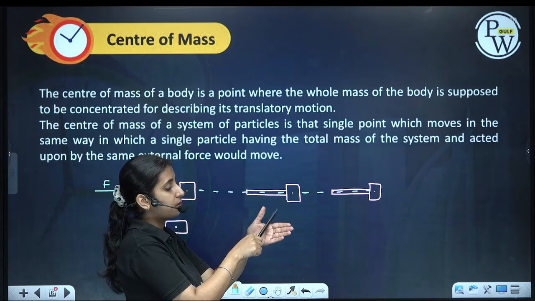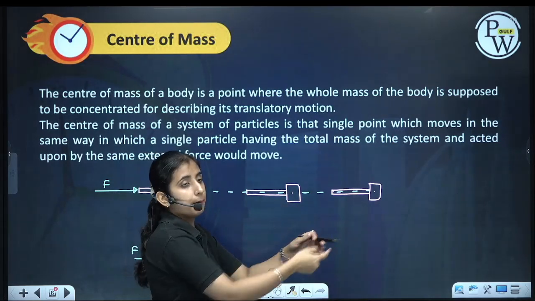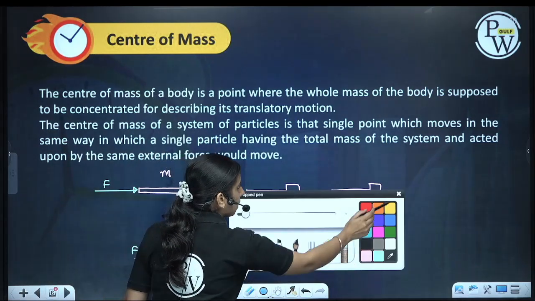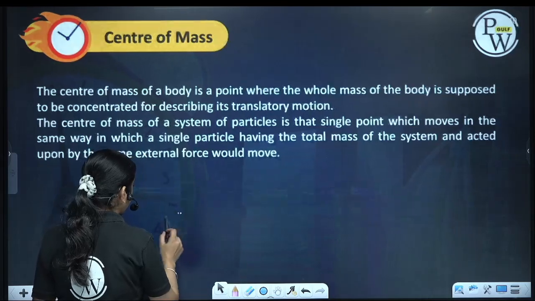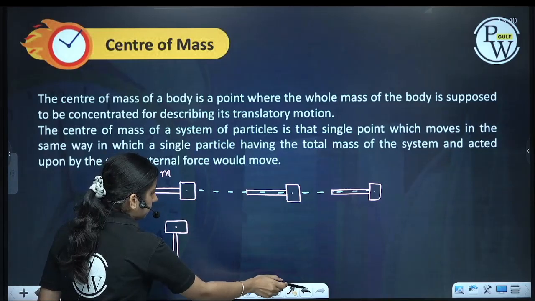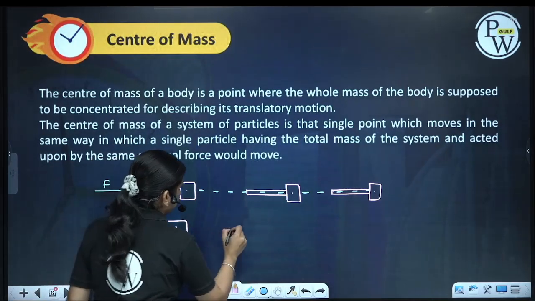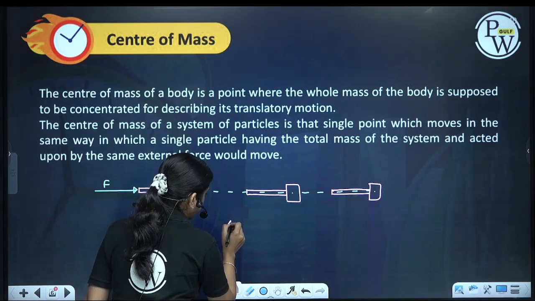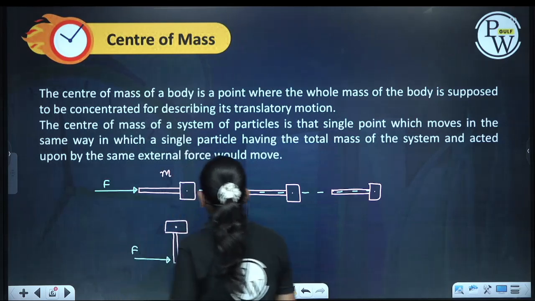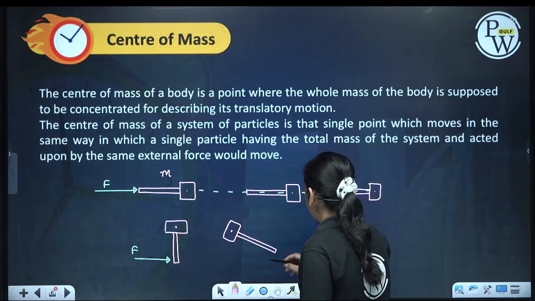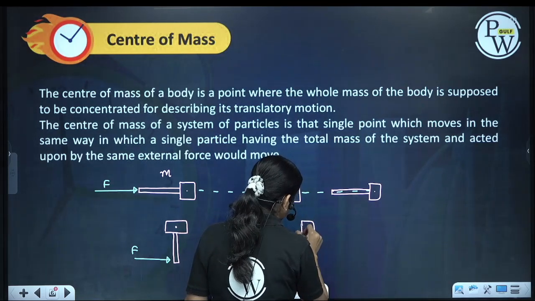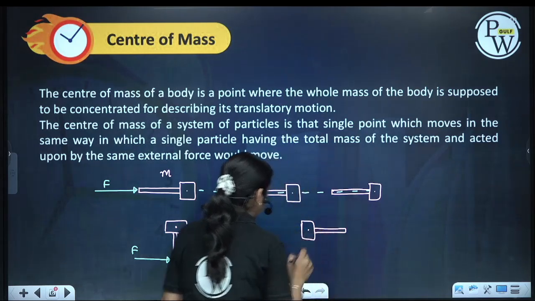If I didn't hold this pen and applied a force over here, it would move forward as well as rotate. After some time my hammer's position will be like this, and then after some time it will be like this.